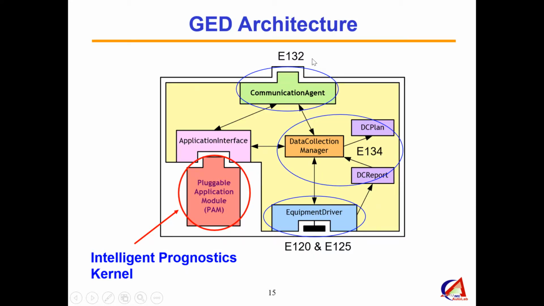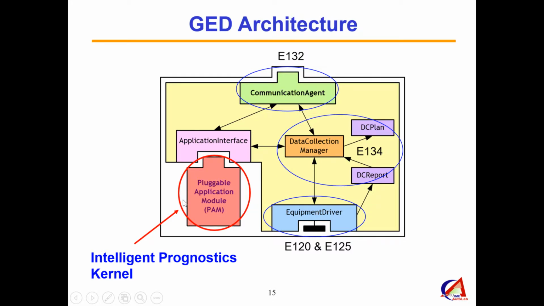Okay, then 132 is the authentication and authorization for taking care of security. And here 134 is for data collection manager, data collection plan, data collection report, right? But for this portion, the intelligent prognostics kernel, I define an application interface so that this pluggable application is plug and play, interchangeable.